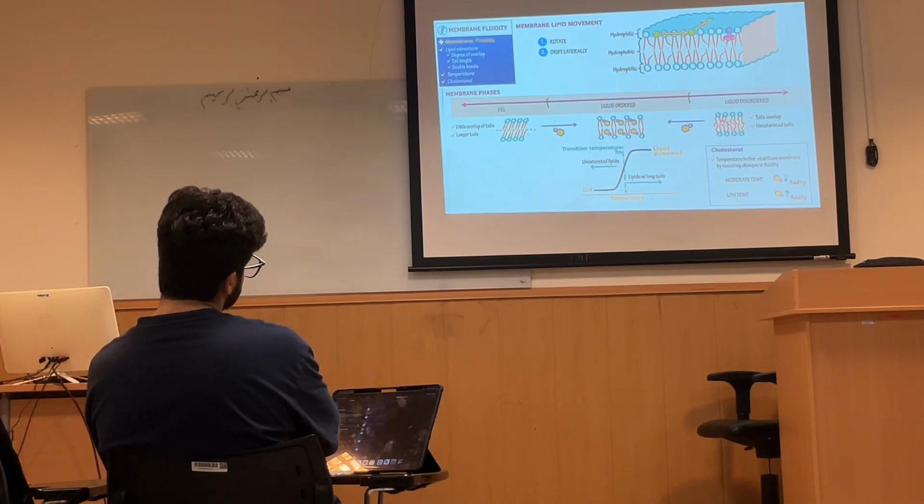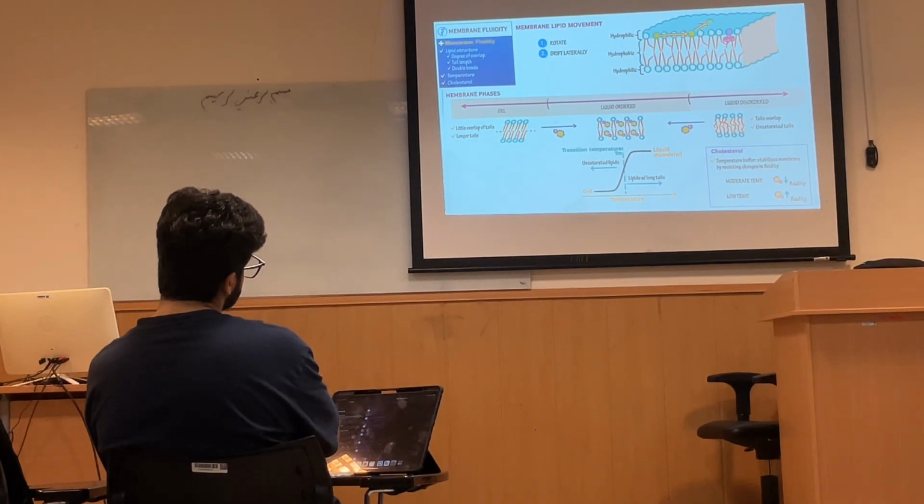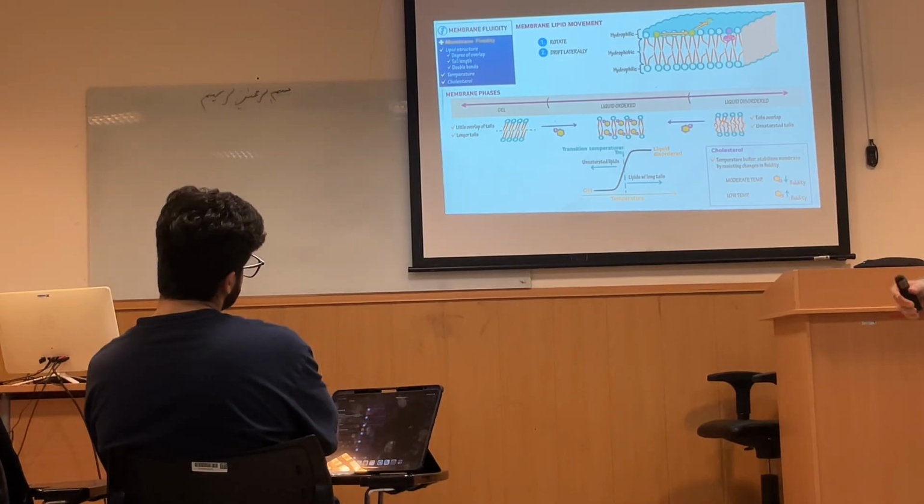This is a cell membrane. And you can see we have what are these? Phospholipids. But between phospholipids, we have some cholesterol. Without the cholesterol, our cell membrane is going to be like this, let's say.